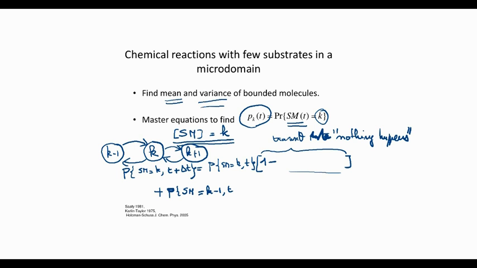So then we need to see that during time delta t, the number of sites here increased by 1. So let me draw here a picture.